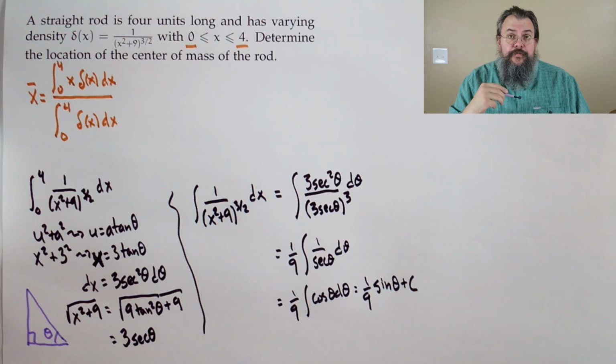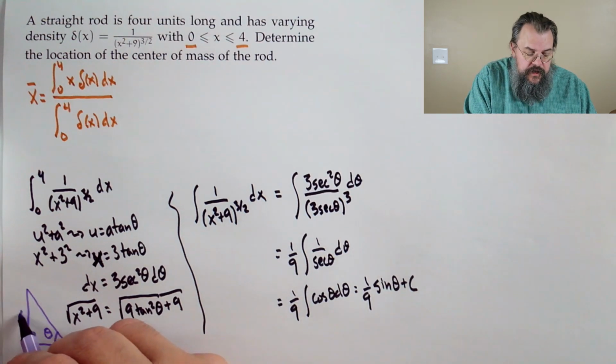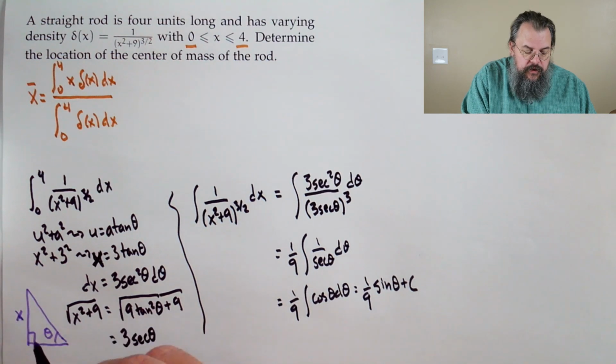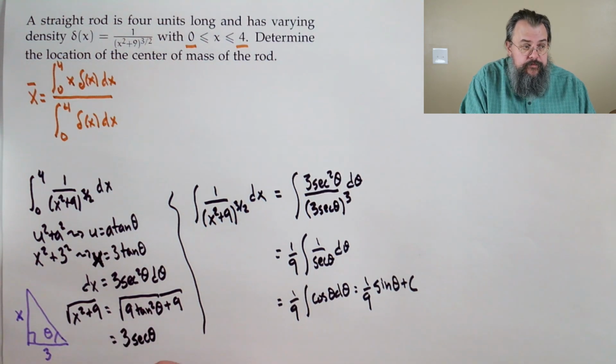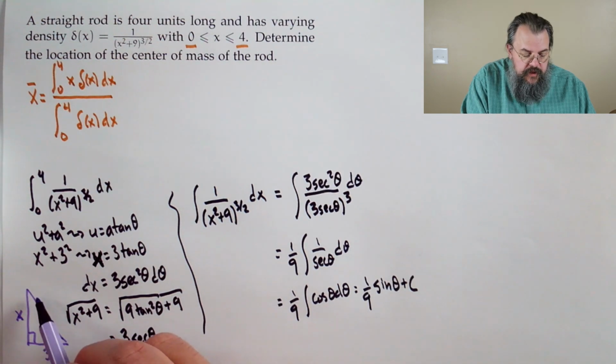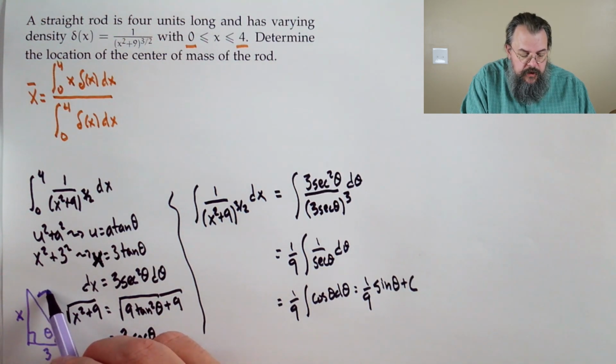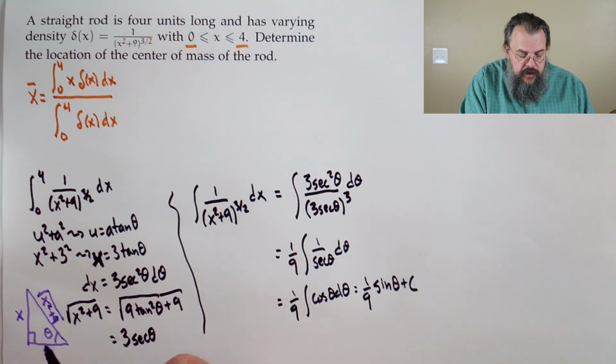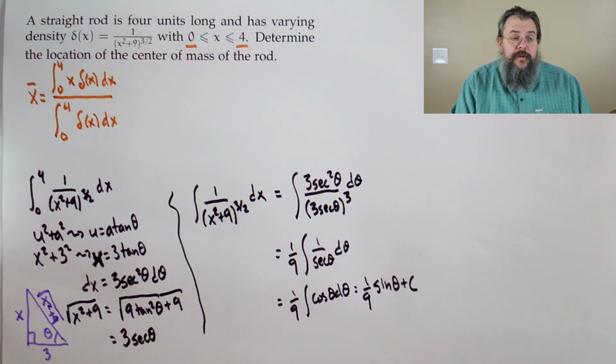So it's a ratio, opposite over adjacent, x over 3, which means that our missing side, the hypotenuse, would be the square root of x squared plus 9. All right, there we go.